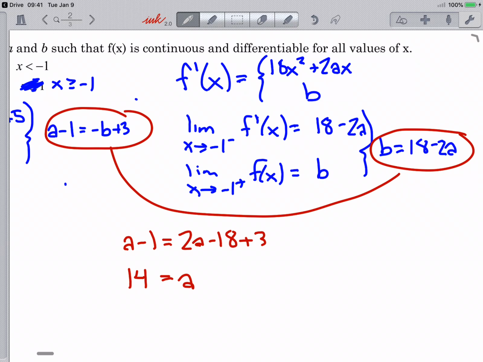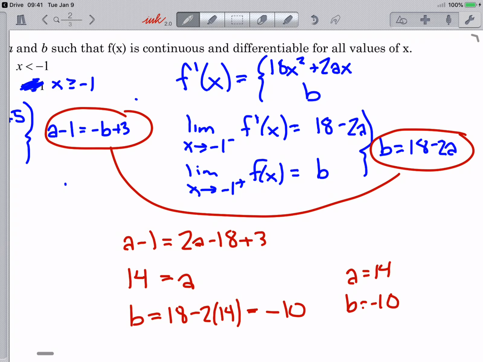Plug 14 back in and I get b equals 18 minus 2 times 14. 2 times 14 is 28. 18 minus 28 is negative 10. So I get a equals 14 and b equals negative 10.